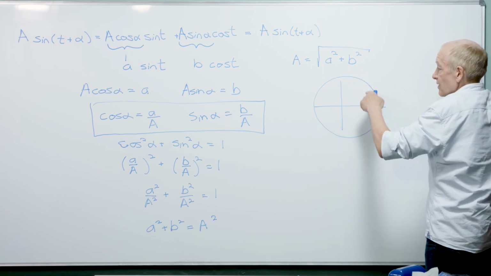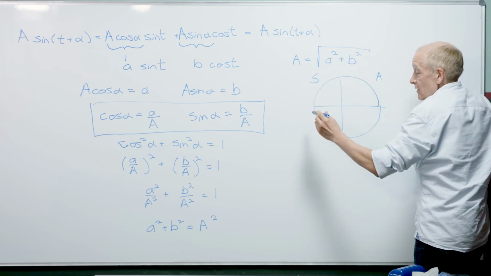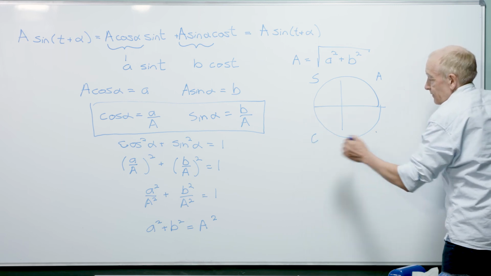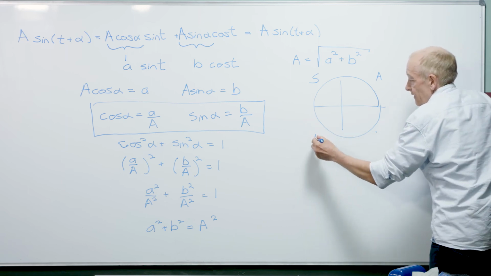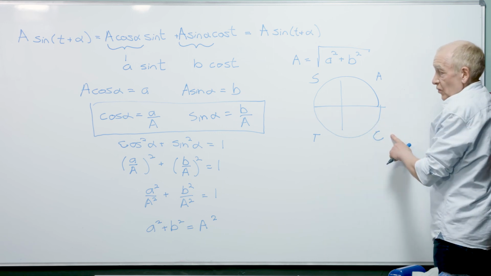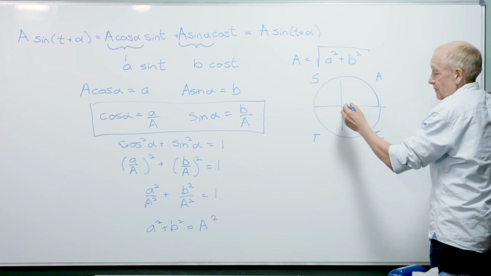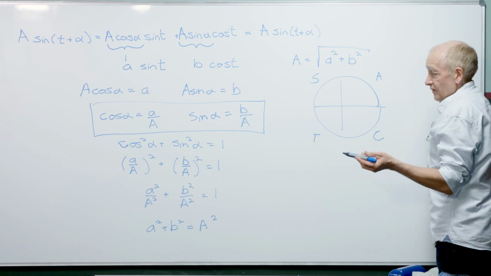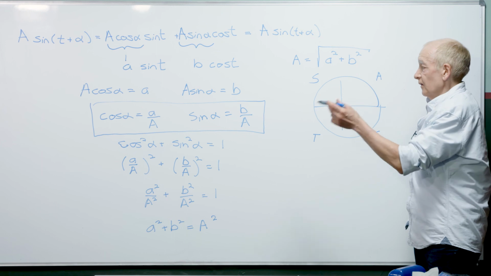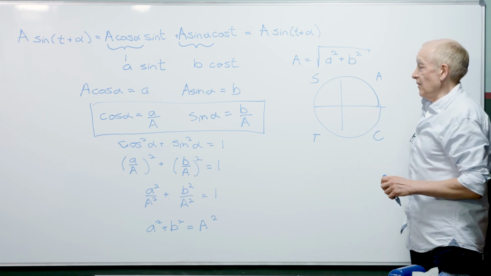If both of them are positive, it's going to be in the first quadrant. If sine is positive only, it's in the second quadrant. Sorry, that's tan, and that's cos. So if, for example, cos is positive and sine is negative, we can tell that the angle must be in the third quadrant. So as I've stressed all along, it's important to look at the signs of sine and cos to determine what quadrant alpha is in.